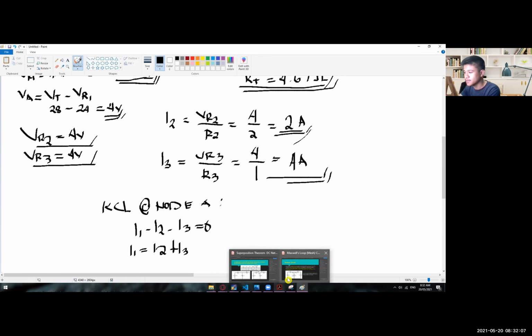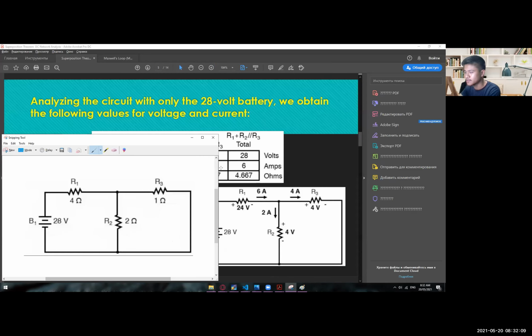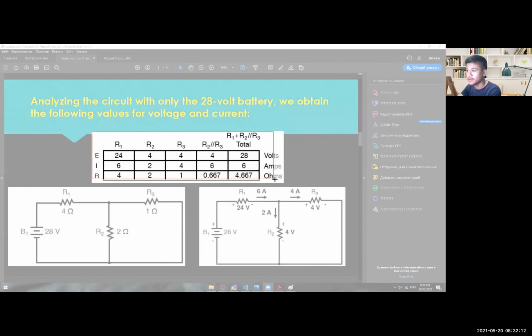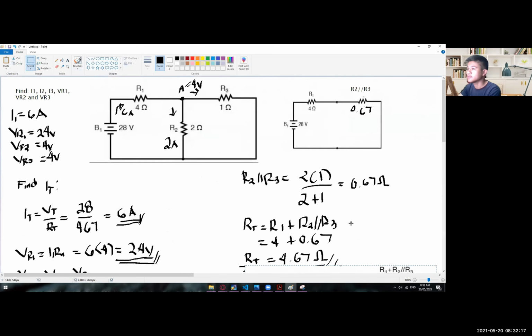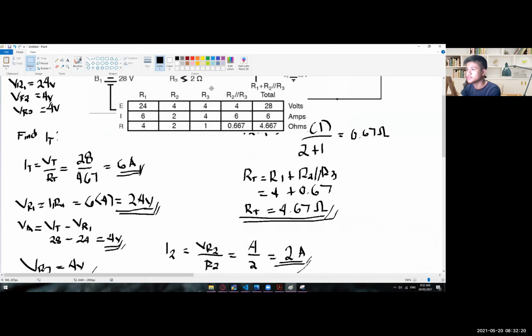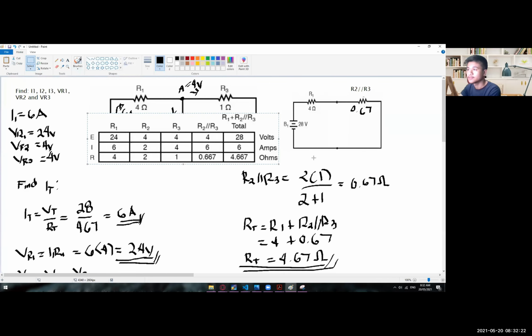Anyway, let's try to compare now our answer to this table right here. So we have here the voltage, the current, the resistors, and then the R1, R2, R3, so individual currents, individual voltage drop, and then the parallel result of the R2 and R3, and then the total results of those.